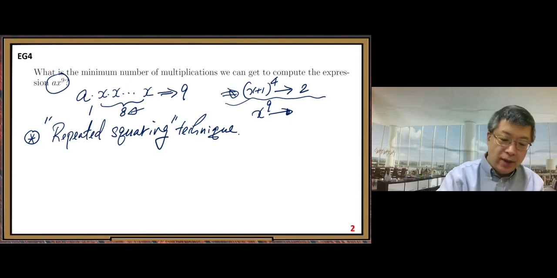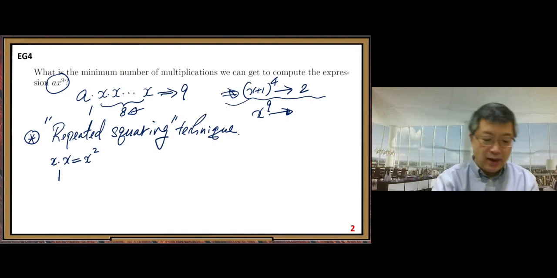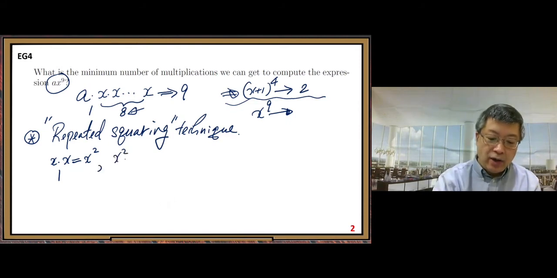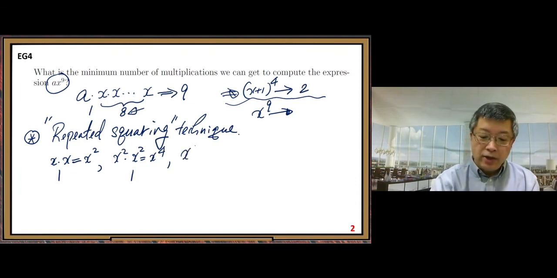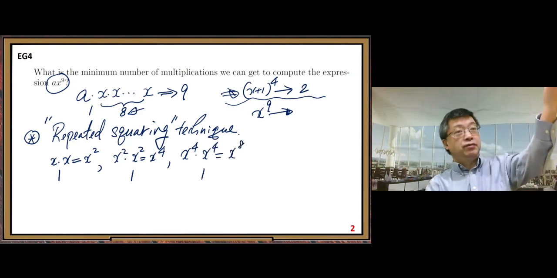All right, so x times x, we get x squared. That's one multiplication. Okay, all right. X squared times x squared, repeated squaring. Every time we do squaring, we get x to the 4th. Second multiplication. All right. x to the fourth times x to the fourth, x to the eighth, third multiplication, okay?